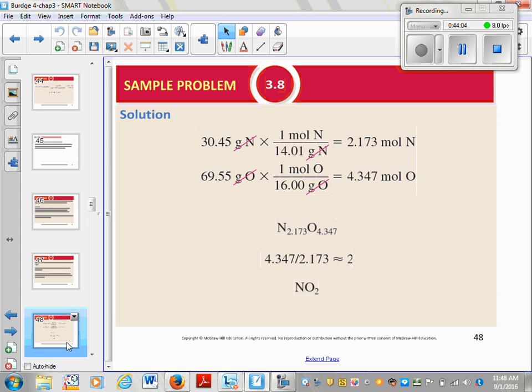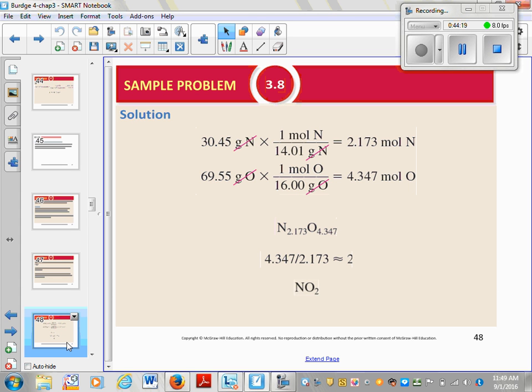And 4.347 moles of oxygen. Now, we're going to do what we call normalization, where we take the smallest number and divide everything by the smallest number.